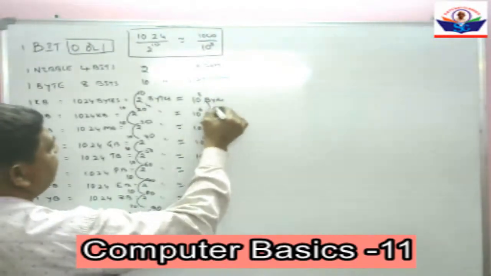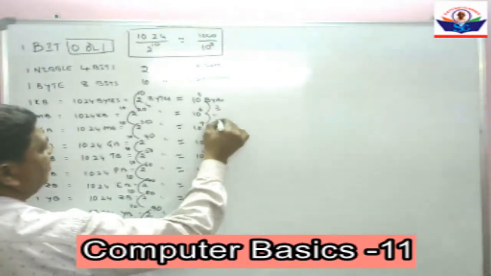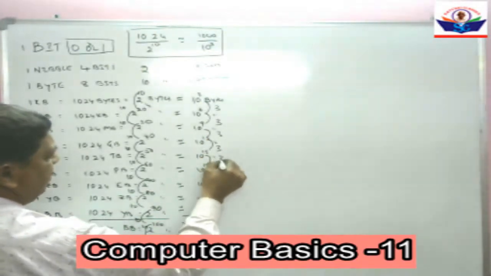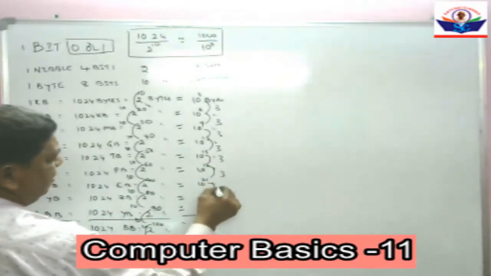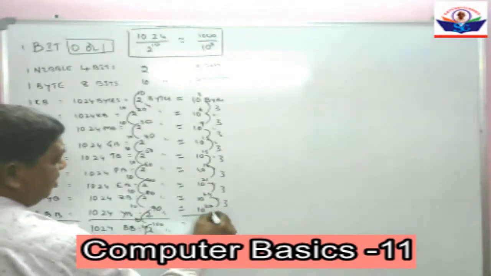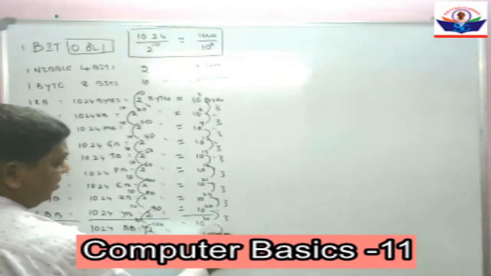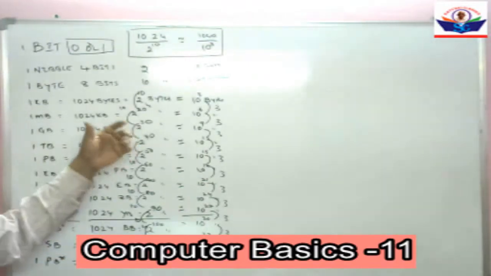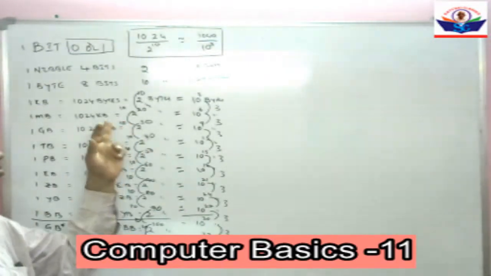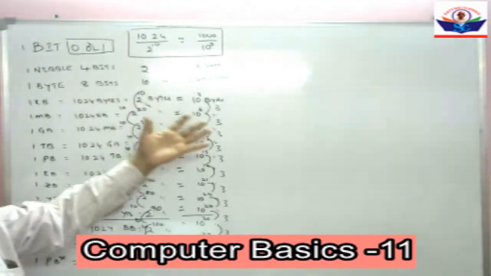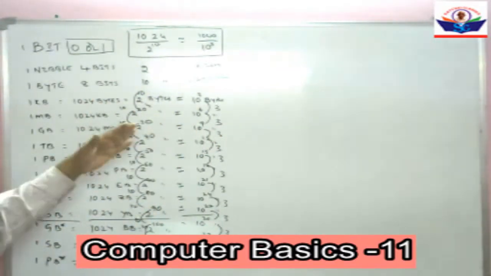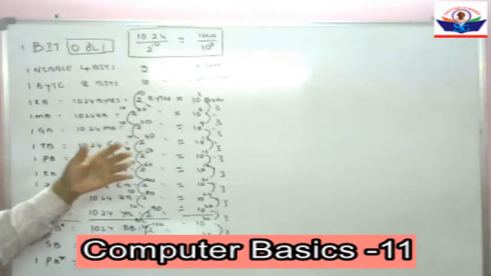In base 2 the power is changing by 10. In base 10 the power is changing by 3, again 3, and so on. We can observe that one.